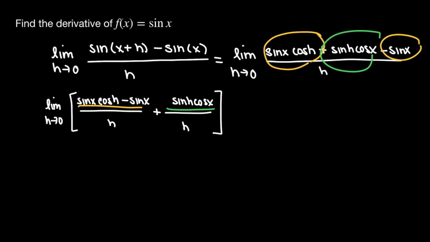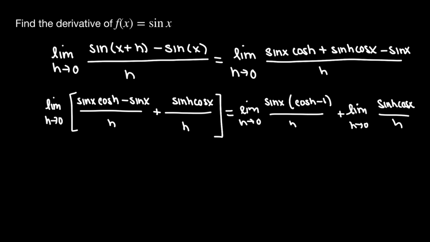And we're still finding the limit as h goes to 0. So all I've done is reordered the terms and split this up into two fractions. And the reason I've done that is because now I can find the limit of each piece separately.